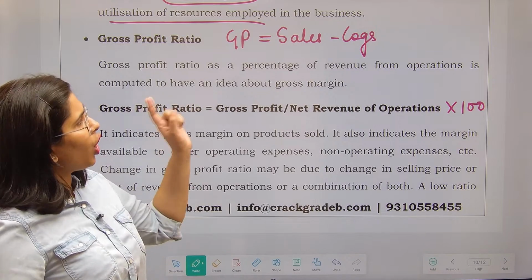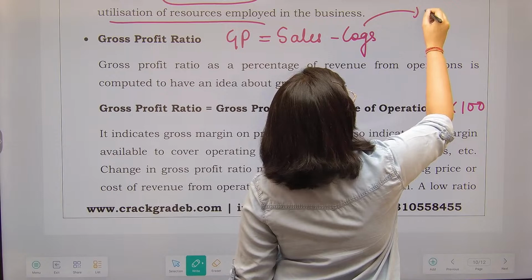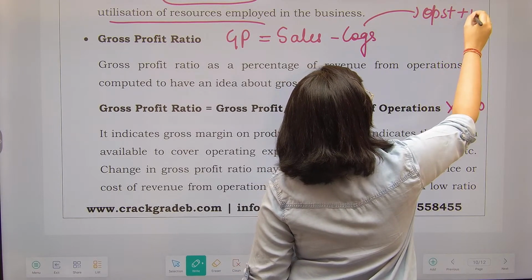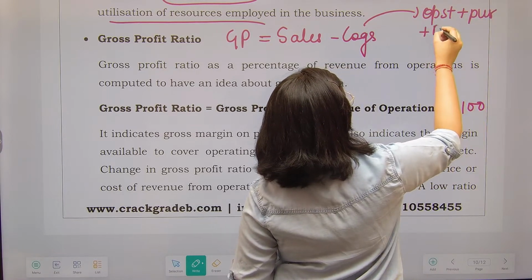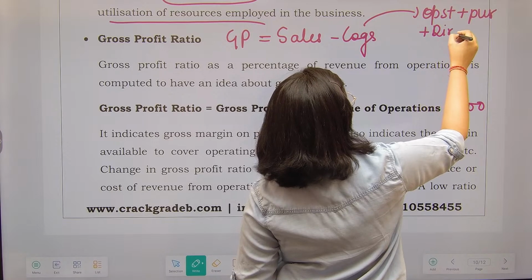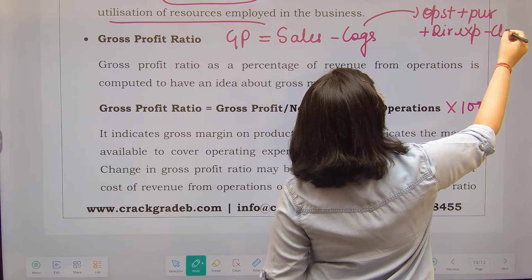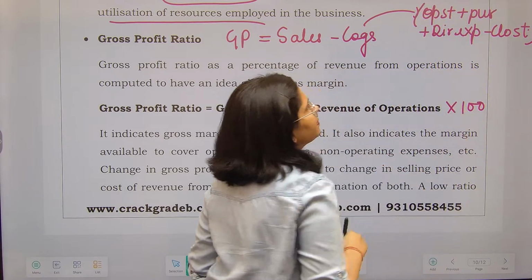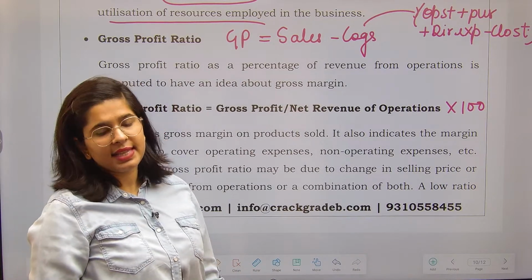right? And how is cost of goods sold calculated? So cost of goods sold is opening stock plus purchases plus direct expenses like labor related or carriage related, and less closing stock. Opening plus purchases, plus direct expenses less closing stock.